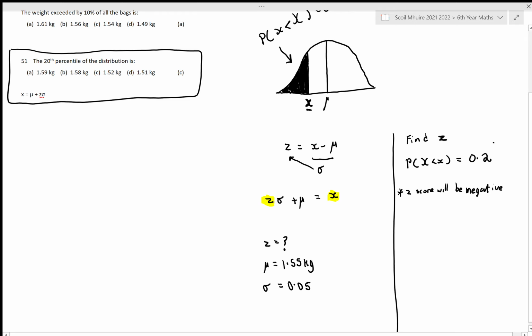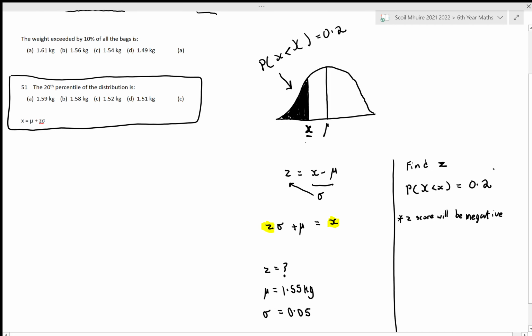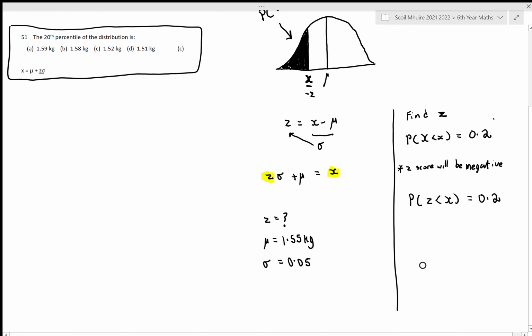If we know that the probability of z being less than some value is equal to 0.2, then I also know that the probability of z being greater than the corresponding positive value is 0.2 also.